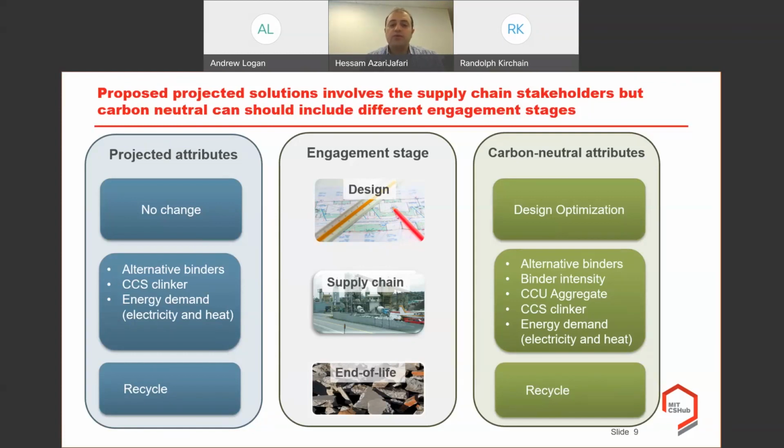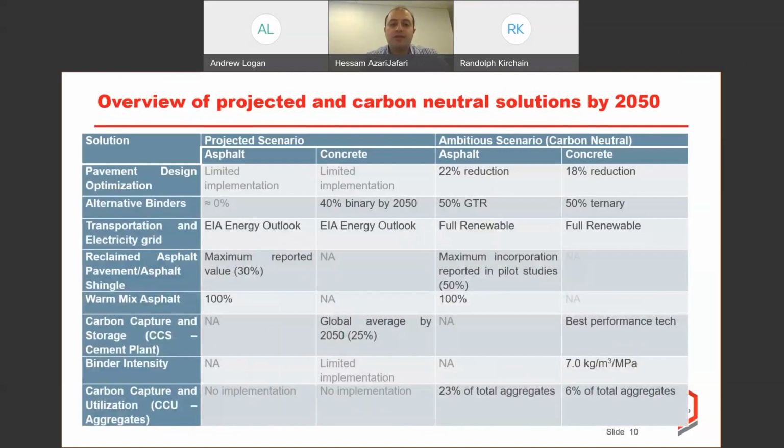So to go through the details of these solutions, I would like to share this table with you to see how we have implemented this solution. So first of all, what I would like to emphasize here is that with the dynamic framework that we have defined here, we can implement the rate of implementations of these solutions in the future differently.